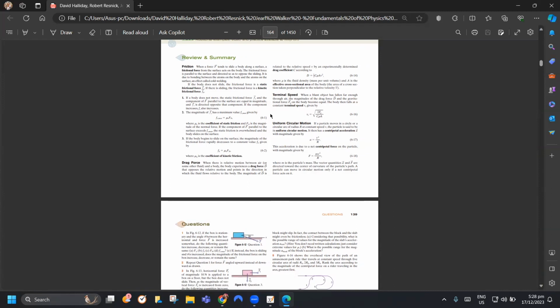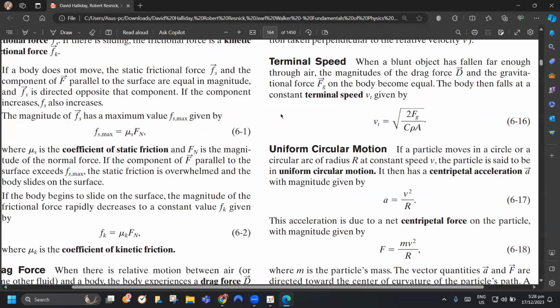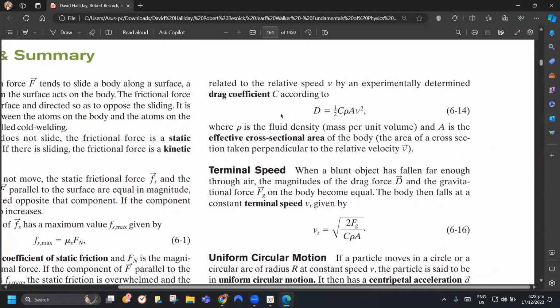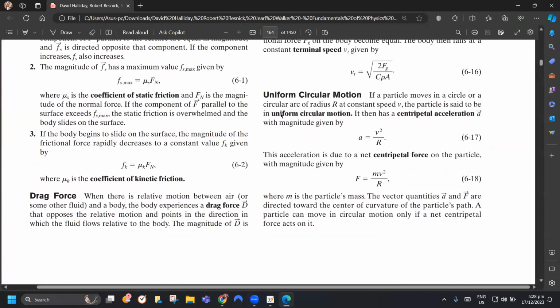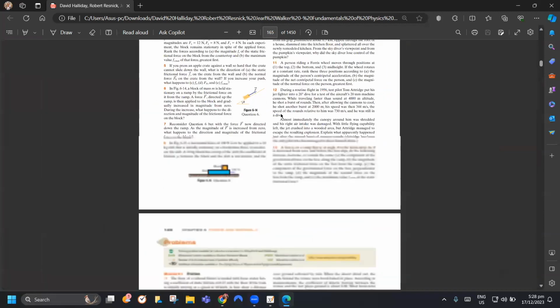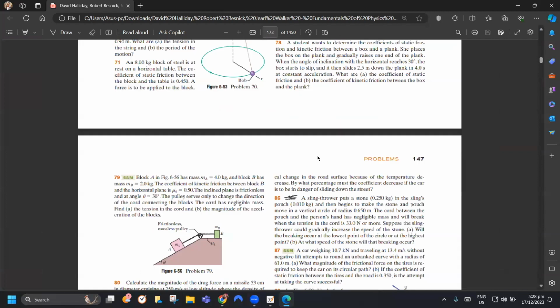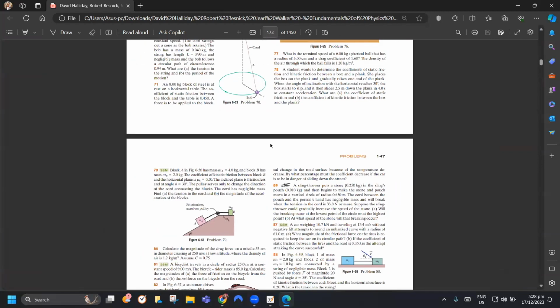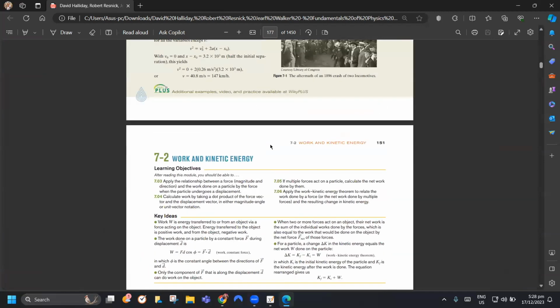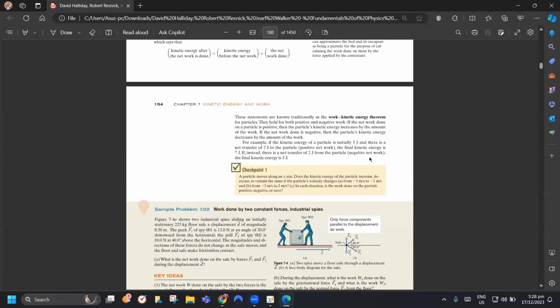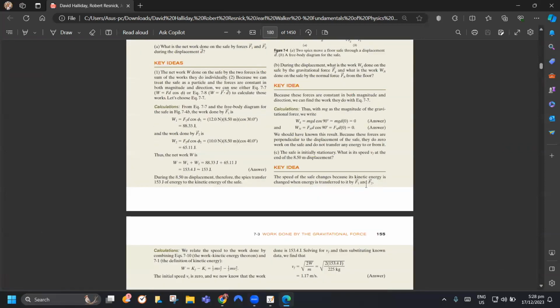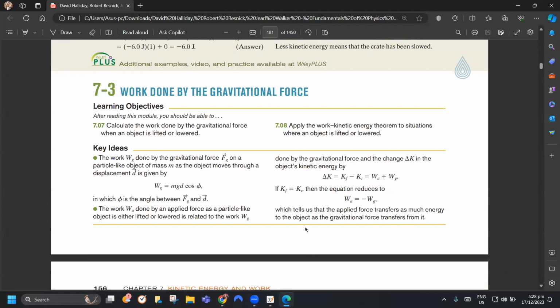Sige, basahin na natin. Punta ka sa page 156. 1, 5, 6. Oo. 1, 5, 6.